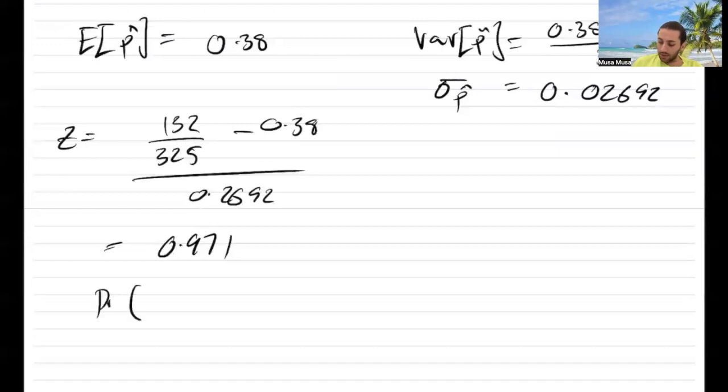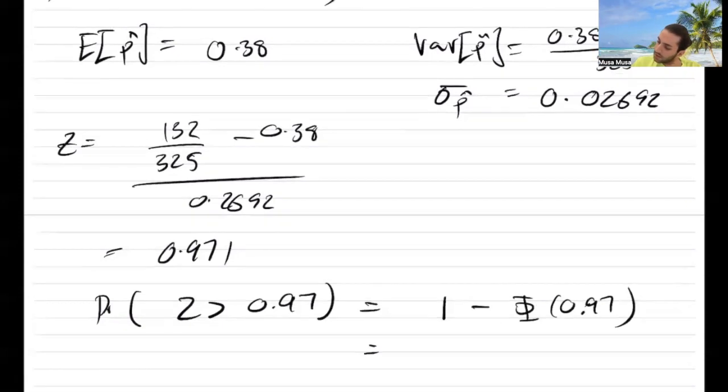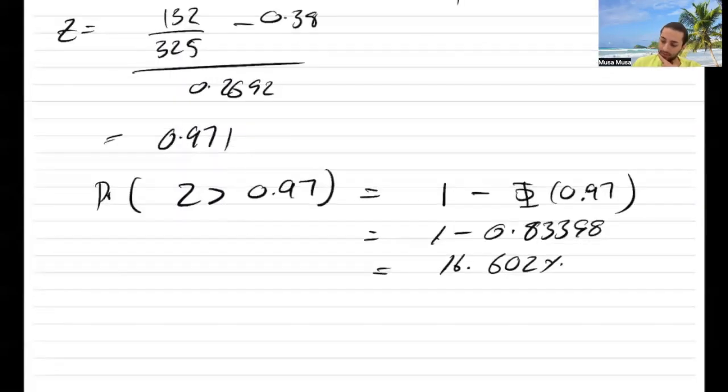So we want the probability that z is greater than 0.97. This is going to equal 1 minus phi of 0.97. Okay, and let's go to 0.97. And it is 1 minus 0.83398. Okay, so that's this for part B.